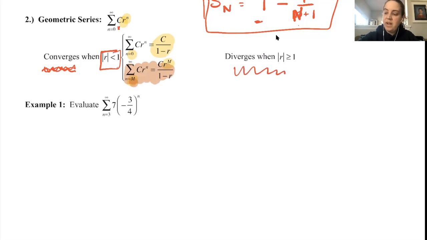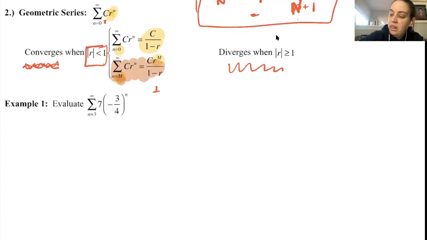So what do I mean by all of that? Let me come back here to the first one where it's less than 1. Say we have 1/2 to the n. That would be 1/2 plus 1/4 plus 1/8 plus 1/16 plus 1/32. Those values are getting smaller and smaller and smaller.